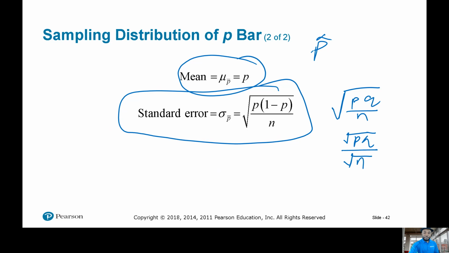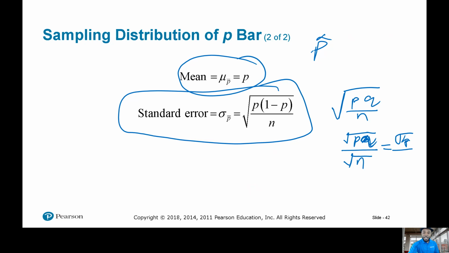What's the square root of PQ? That is the standard deviation of the proportion. So recall that we said the standard error is sigma of P hat.